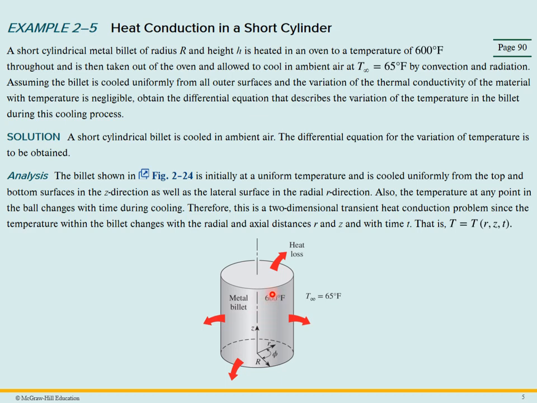We're also told that it has no angular dependence, no phi dependence, because we're told it's cooled uniformly from the top and bottom surfaces. So therefore, the temperature is only a function of the radial and the z and time.